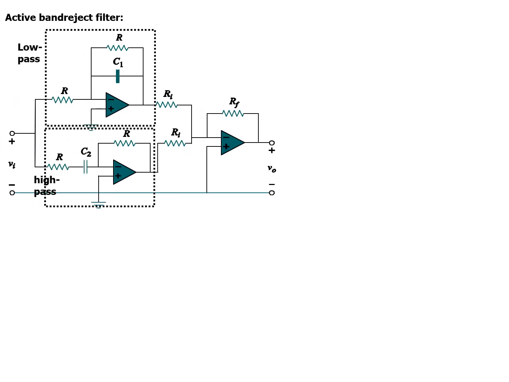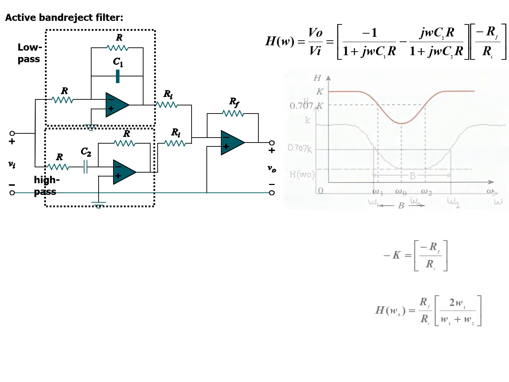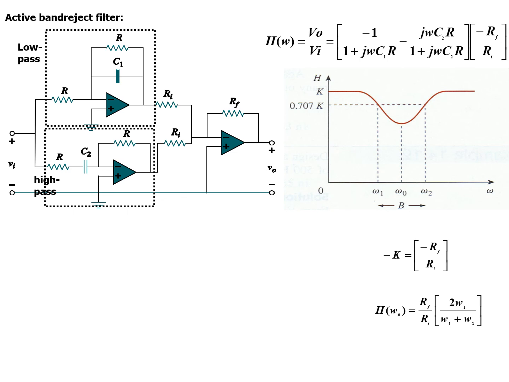For an active band reject filter, this is the circuit in which the low pass and high pass filters are connected together before going to the inverter, and this produces an output transfer function as shown, and it will produce a band reject filter between omega 1 and omega 2.